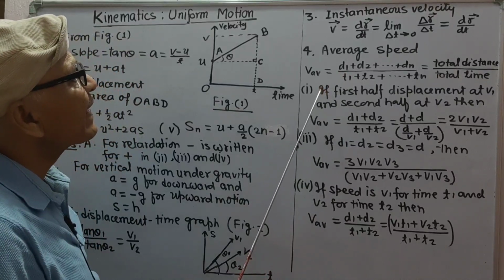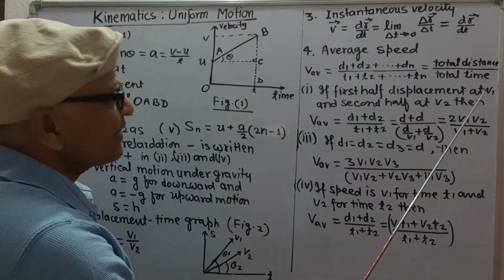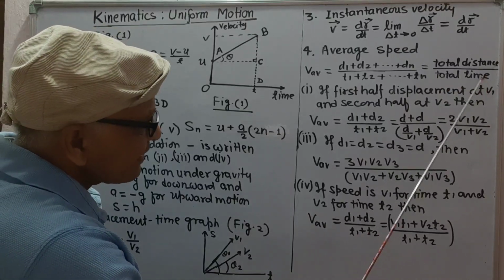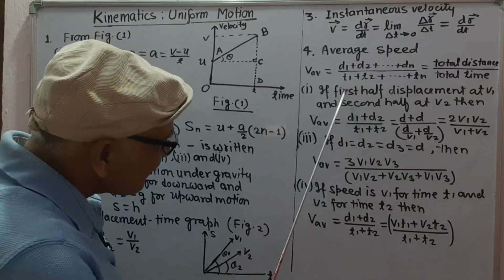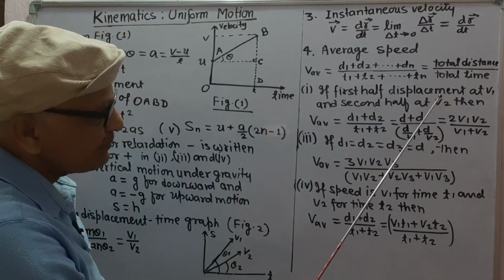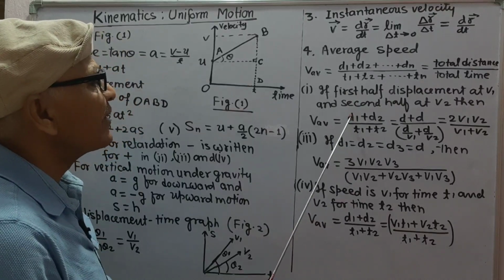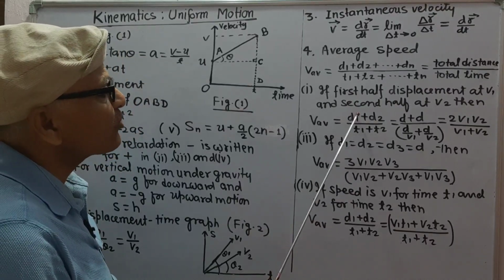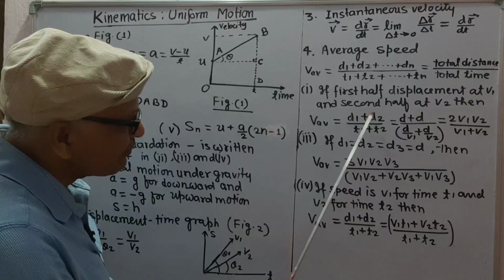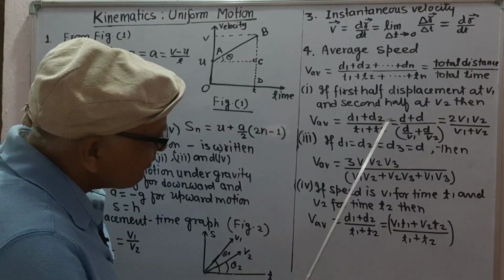First, if first half of displacement is travelled with velocity v1 and second half of displacement is travelled with velocity v2, then average velocity will be v average is equal to d1 plus d2 upon t1 plus t2.